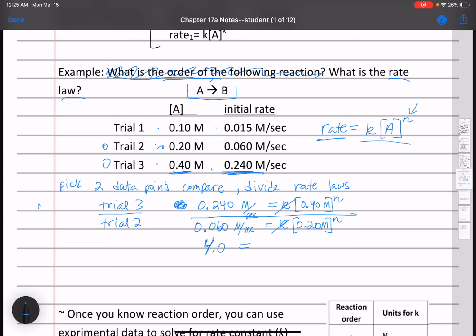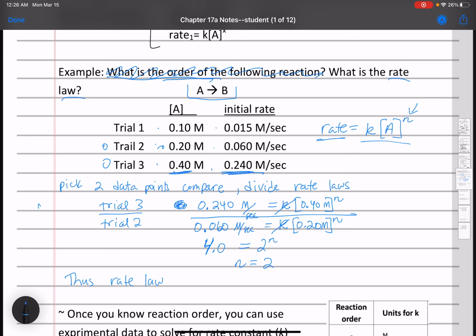And then 0.40 to the N power divided by 0.2 to the N power is going to be 2 to the N power, since 0.4 divided by 0.2 is 2. So 2 to the what power equals 4? In this case, N equals 2. 2 squared equals 4.